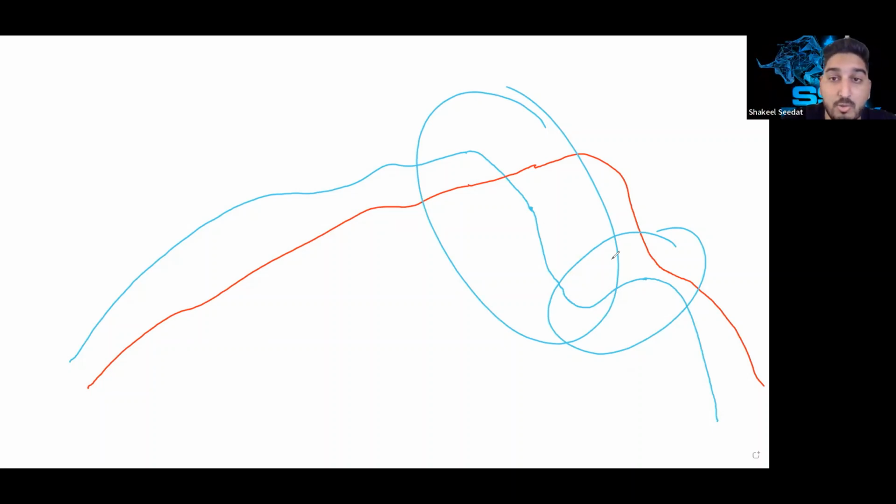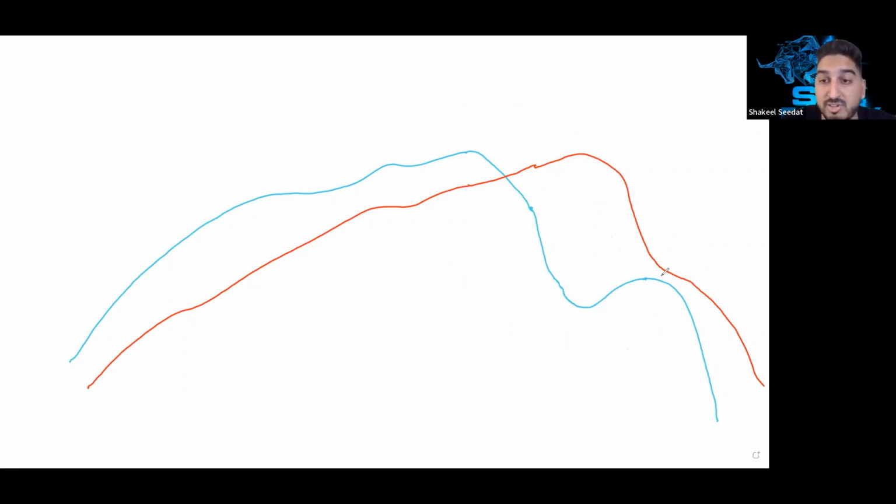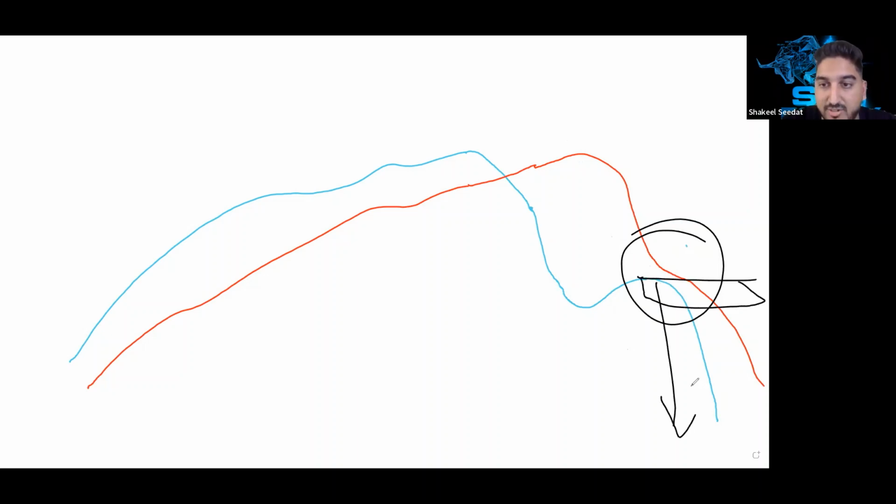So once it gets close to the 50 moving average, you need to see price turn, and you need to see that moving average turn, but not touch or cross over this area, right? So this would be a valid setup, and at this area you're looking to take a sell. So you're looking to get in on your sell at that area, right?